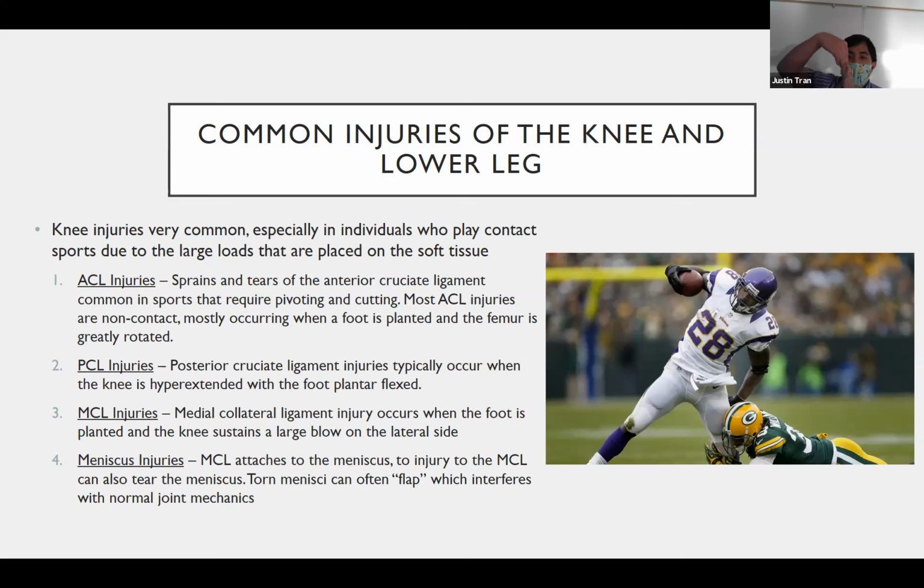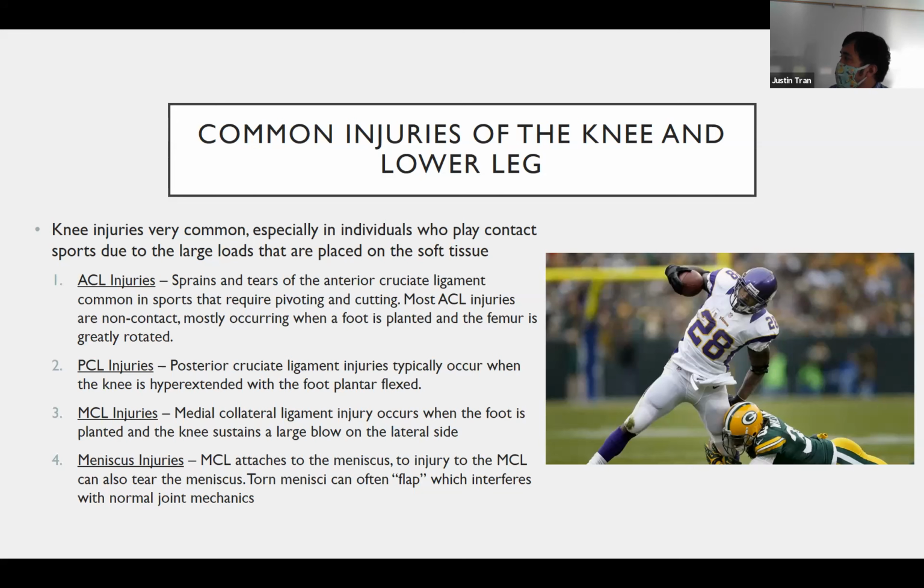Remember, your MCL and your LCL prevent your knee from bending inwards and outwards. An MCL injury happens when your knee is bent inwards, back towards the middle of your body. So any blow that hits your knee from the outside, either on the left or the right depending on which knee, is going to carry some risk for MCL injury.